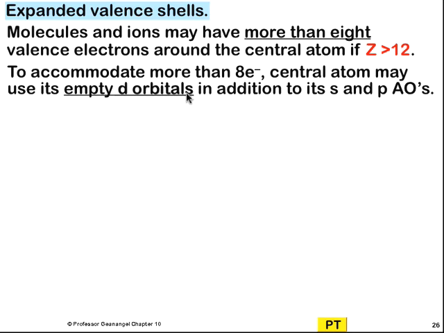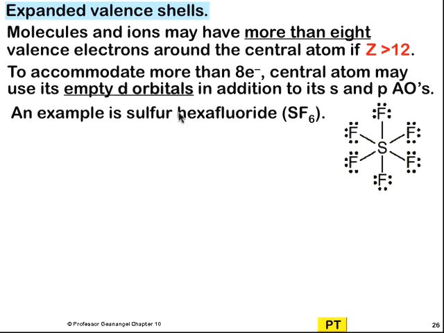Some people believe that these orbitals are too high in energy to make a meaningful contribution. And then there are some other explanations that are sometimes used. For the purposes of this course, I am happy with using empty d orbitals. It's certainly a possibility. I can't rule it out.